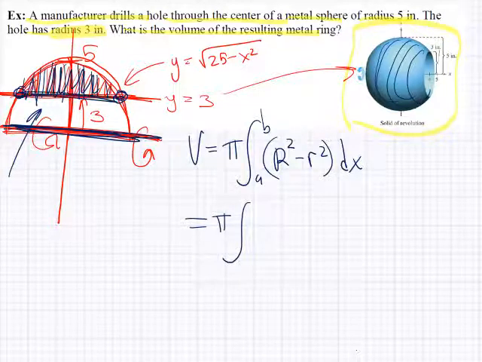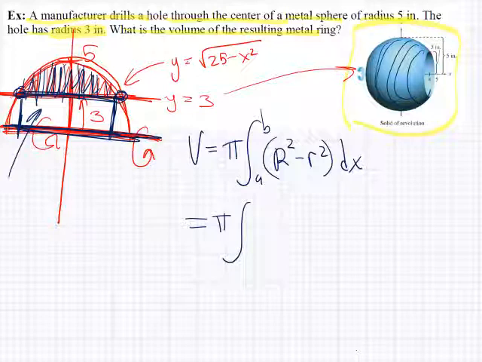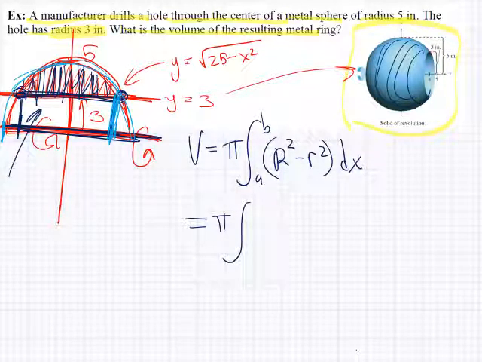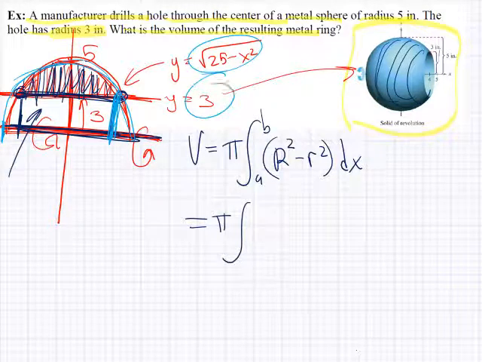So the width is from here to here. This is my width. So I have to figure out what that is on the x-axis. And it's not negative 5 to 5, because the radius of the circle is radius 5, which would place this here and here. But notice this cuts off a little bit before. So we need to find the intersection points between this and this.